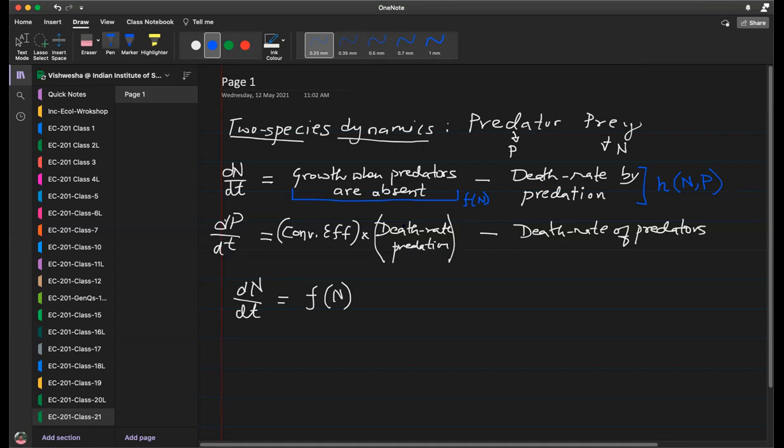This is also called the Lotka-Volterra formalism. However, what you are saying is also possible. You can directly write down a logistic growth for both of them. We can write something like Holling's function, no? Absolutely right.